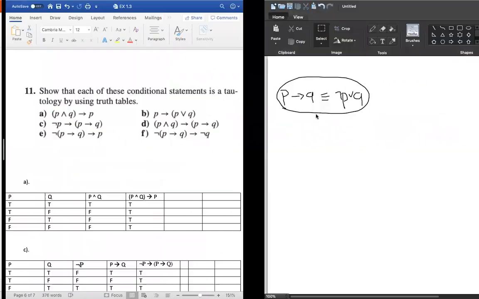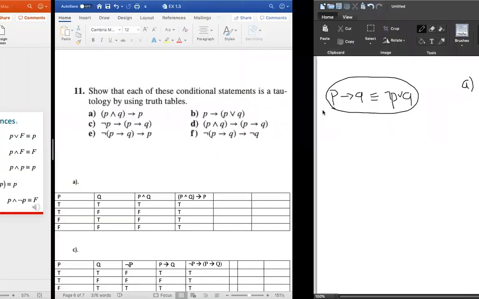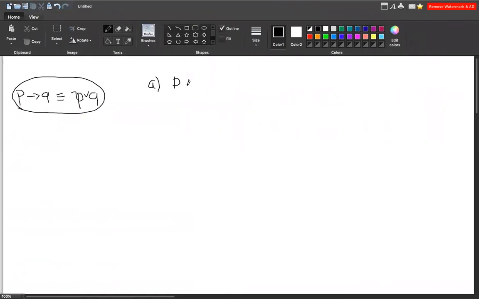Let's do part number A. P and Q implies P. Now we have implication here again.